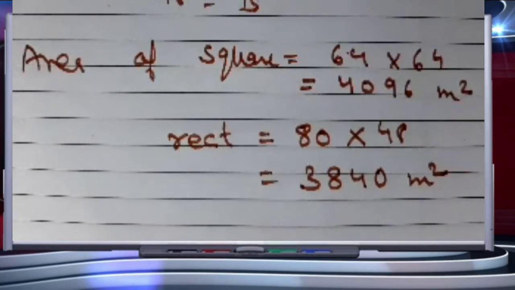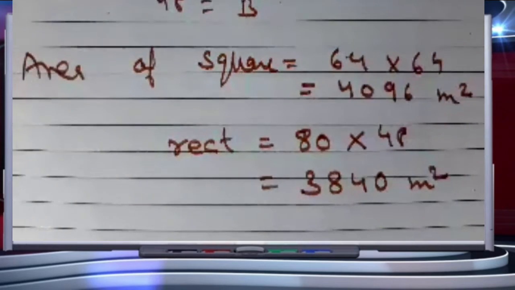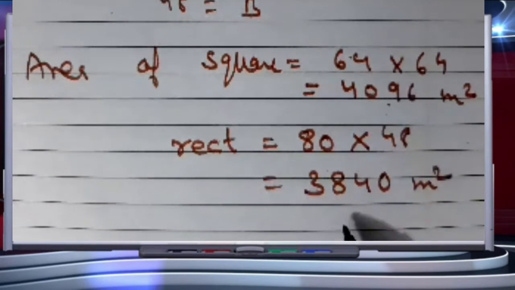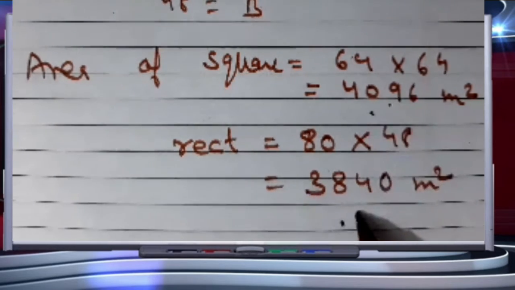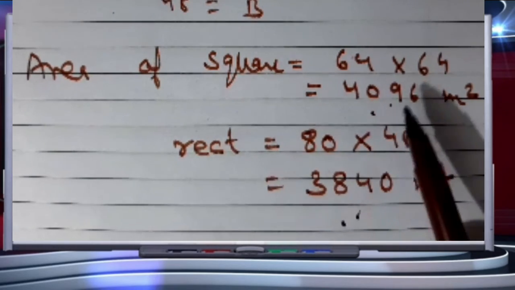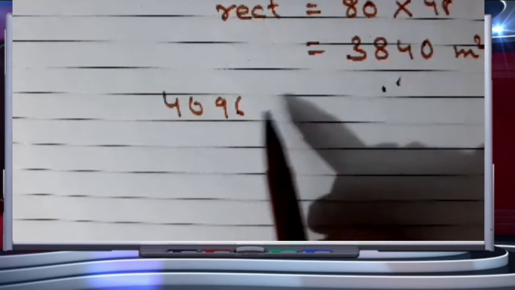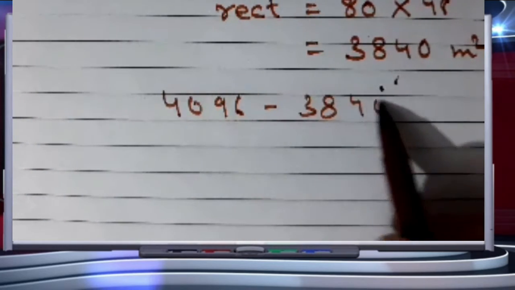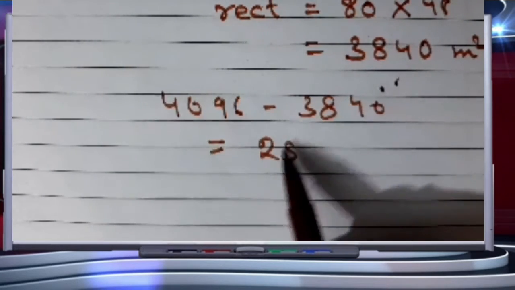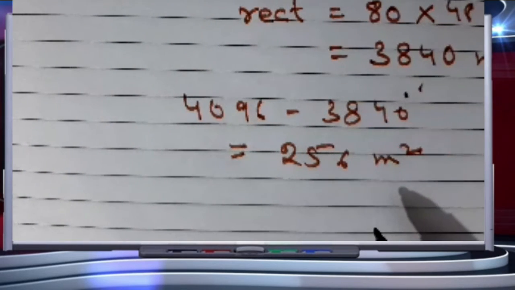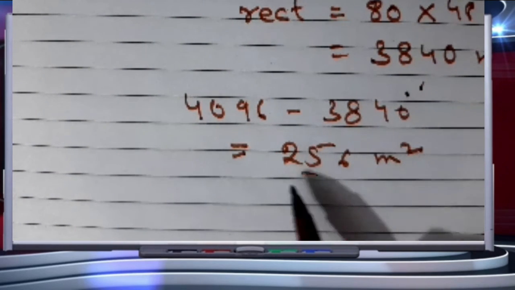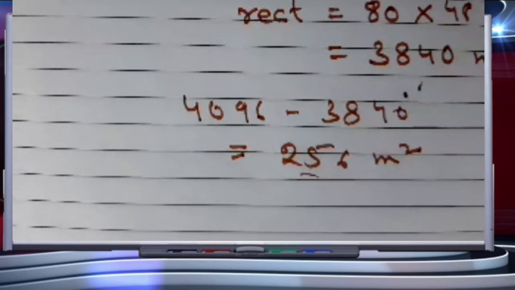So from here we can see area of square is greater than area of rectangle. So square has more area than the rectangle. And for how much, you have to subtract both. Question is how much area more. So for this we have to subtract this. We will get 256 meter square. Hence square plot has the greater area by 256 meter square.